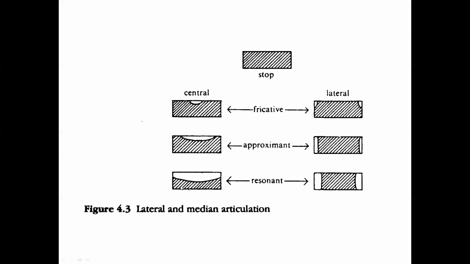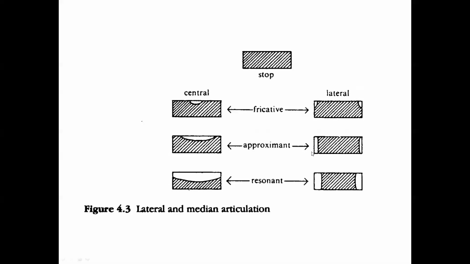But it's also possible to produce sounds with the tongue sort of in the way, in the middle, although for most of our consonants, this isn't the case. You can have a lateral fricative with air escaping on each side or just one side. That would be that sort of lispy sound.